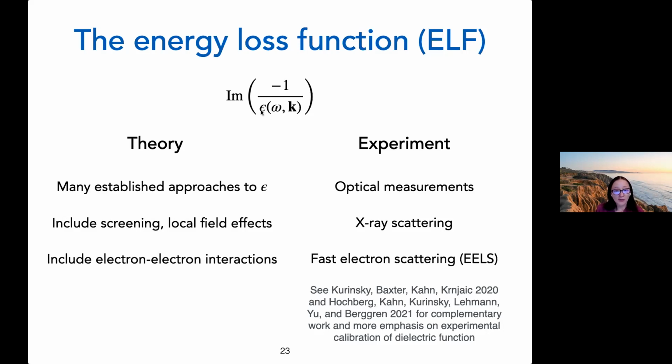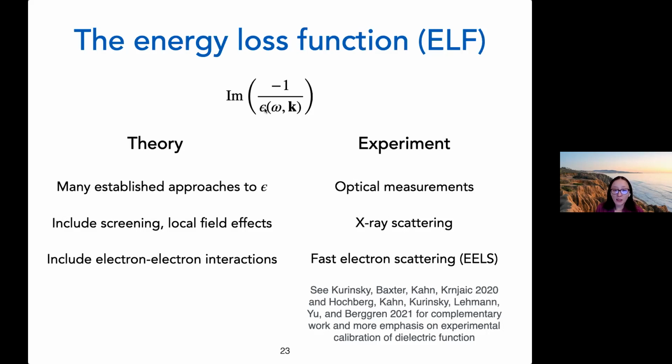So there are many different approaches to calculating this, and you can use them at different levels of sophistication, including more and more detailed many-body effects as you like, in order to understand the theoretical uncertainty. On the experimental side, in certain regimes, if you don't have a good theory calculation, you can also do some experimental calibration. For instance, optical measurements basically tell us this function in the 0K limit.